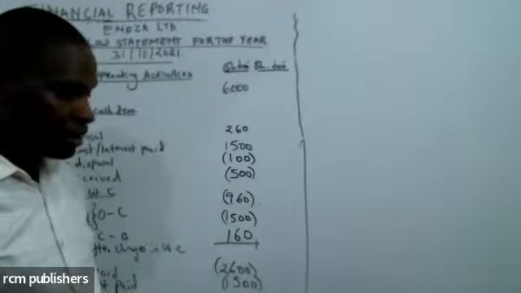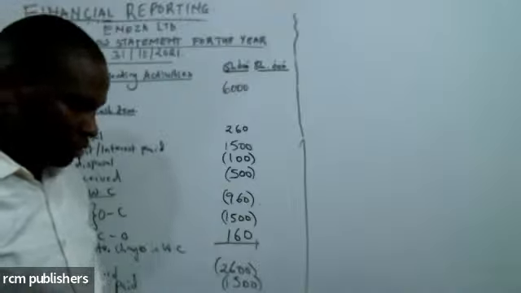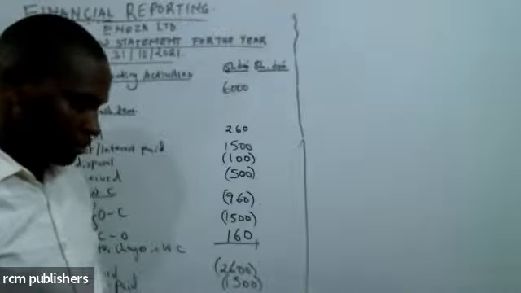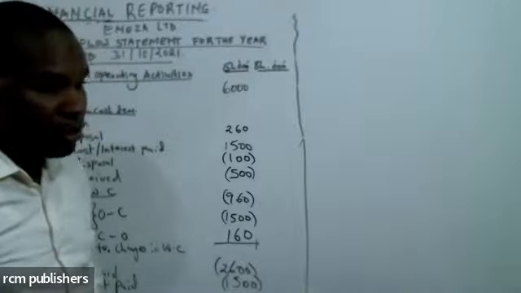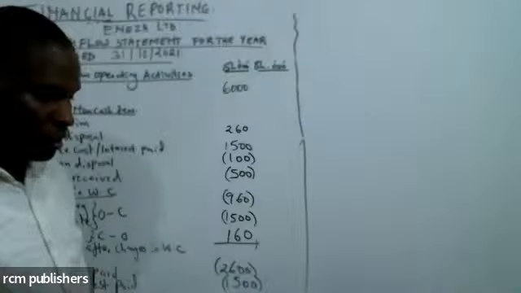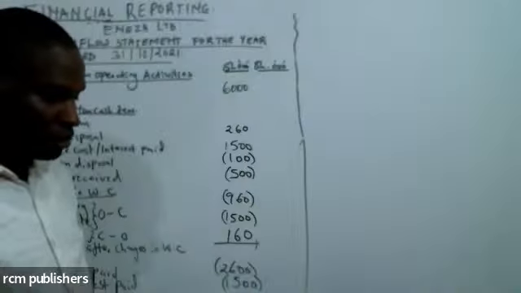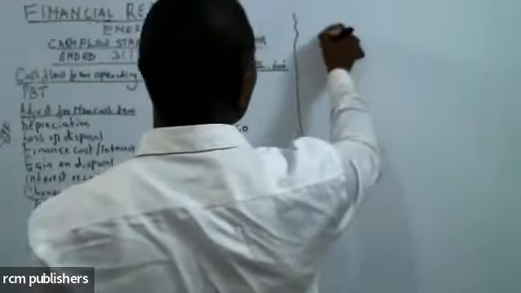I've been given both the cost and the net book value, and then I've been given accumulated depreciation as well. And there was a disposal here. So I can come up with a PPE account.